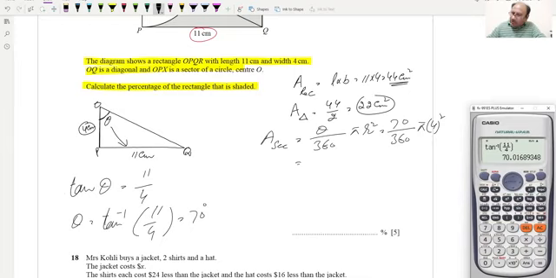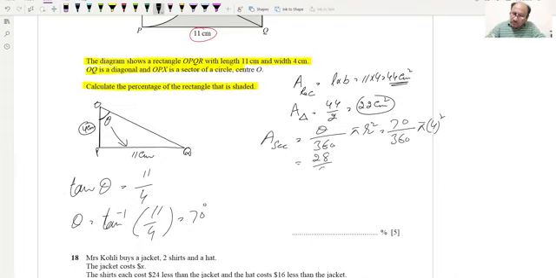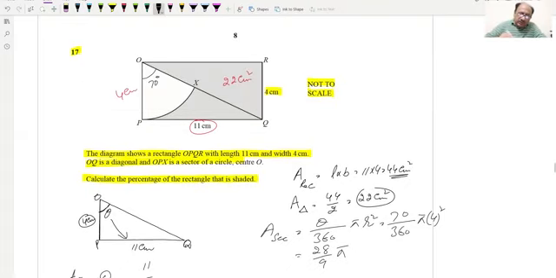Now we can calculate: 70 over 360 multiplied by pi into 16, which is equal to 28 over 9 pi. So this is the area of the sector, 28 over 9 pi.